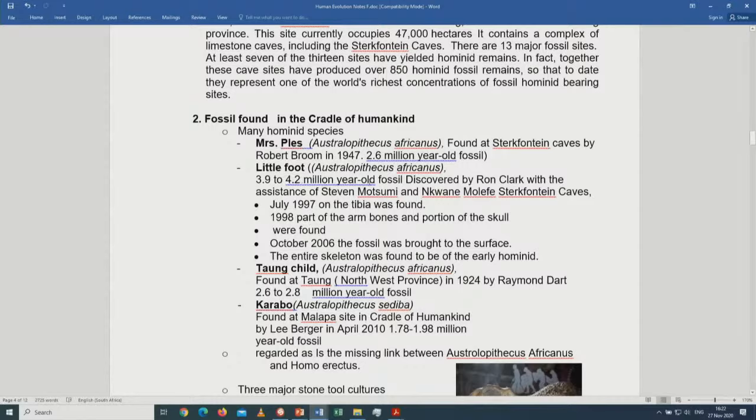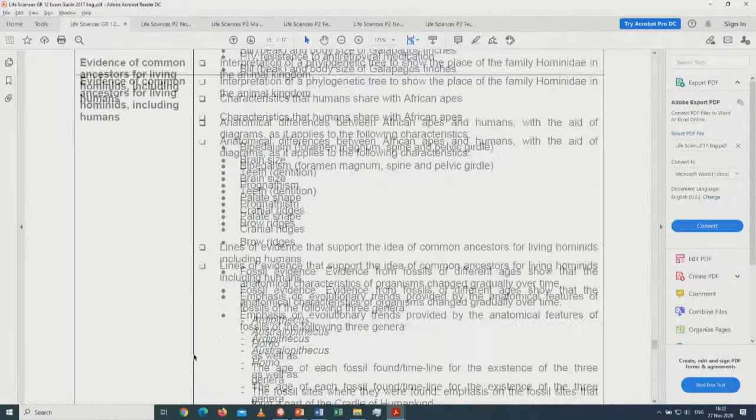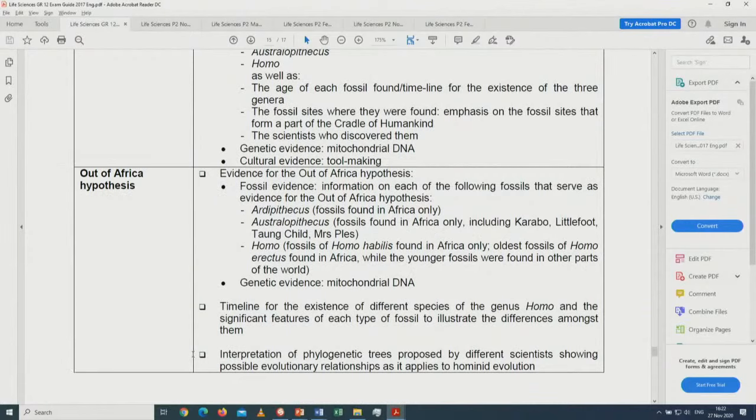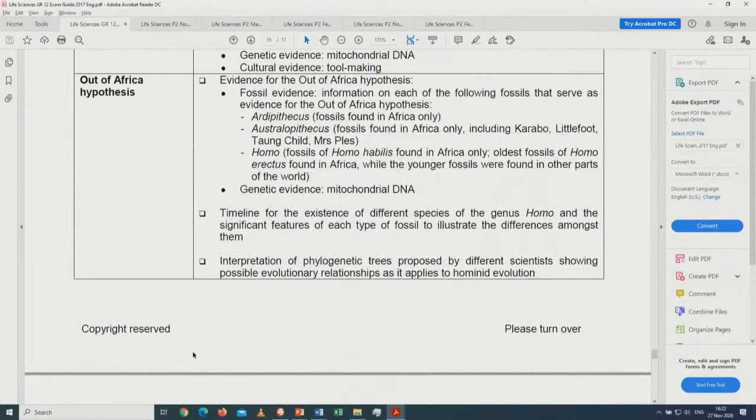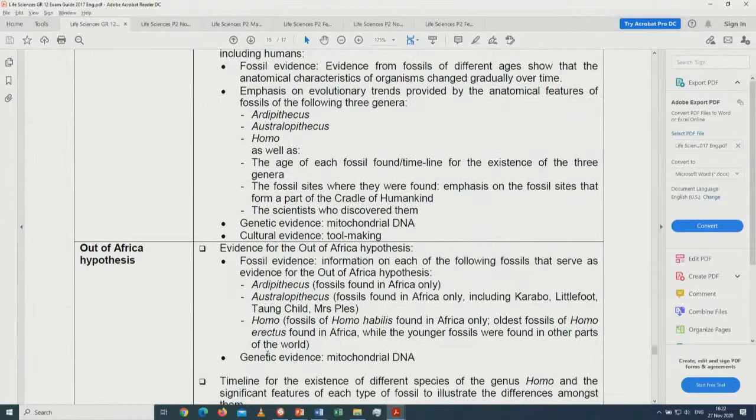Littlefoot was found by Ron Clarke in the Sterkfontein caves, and Mrs. Ples by Robert Broom. The Australopithecus africanus fossil examples include Karabo, Littlefoot, Darwin child, and Mrs. Ples.